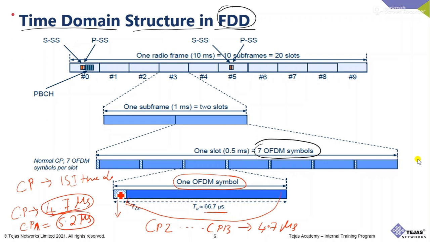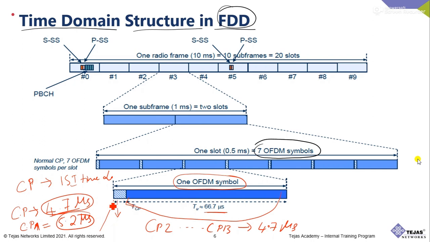Because the others have 144 samples and this one has 160 samples. Okay, that's correct. As pointed out, there are more samples required. Why?